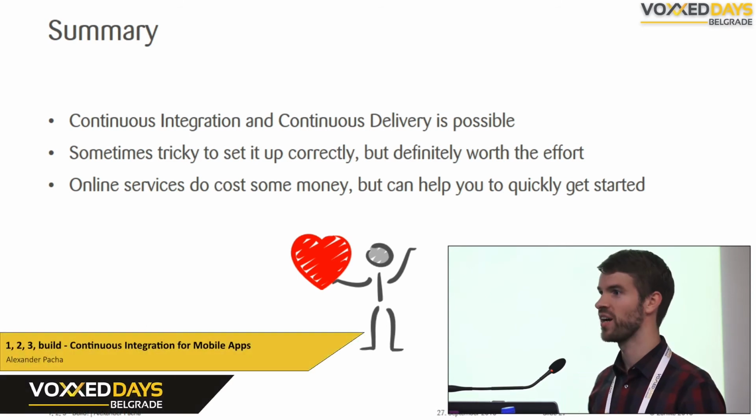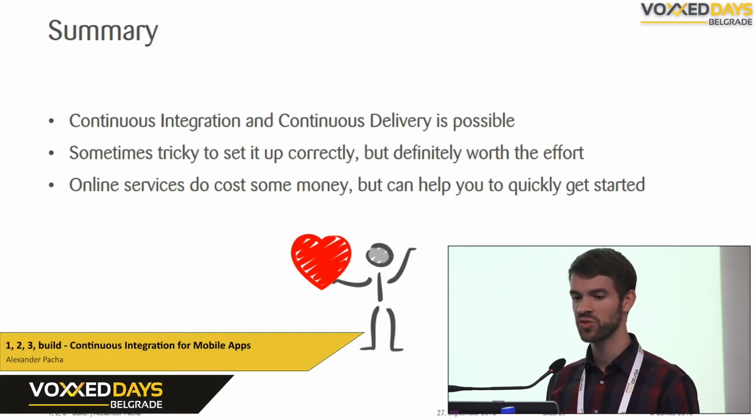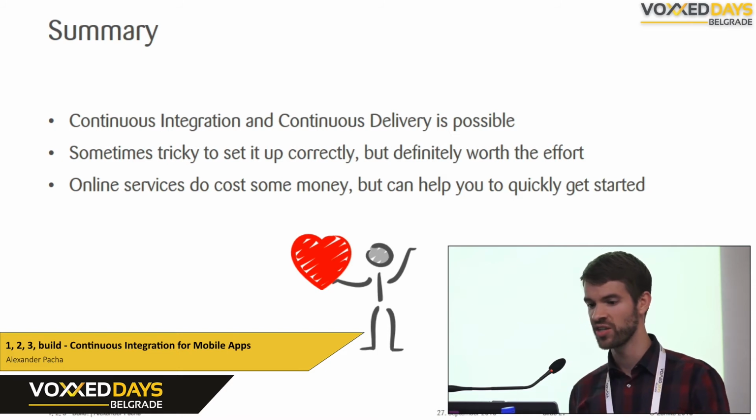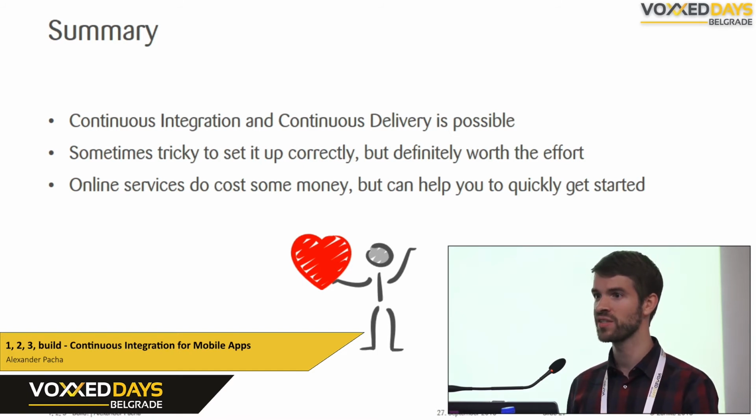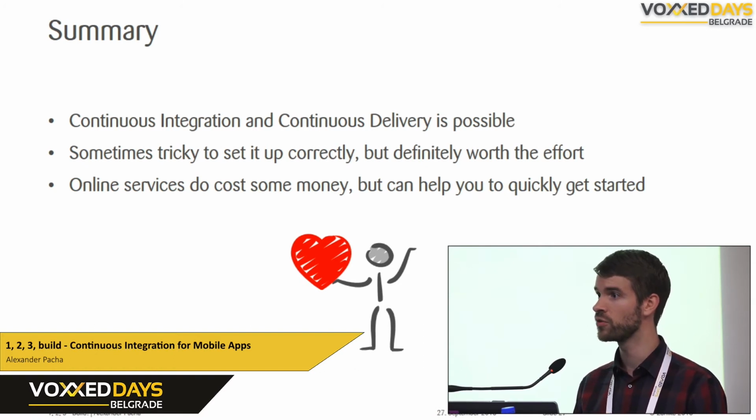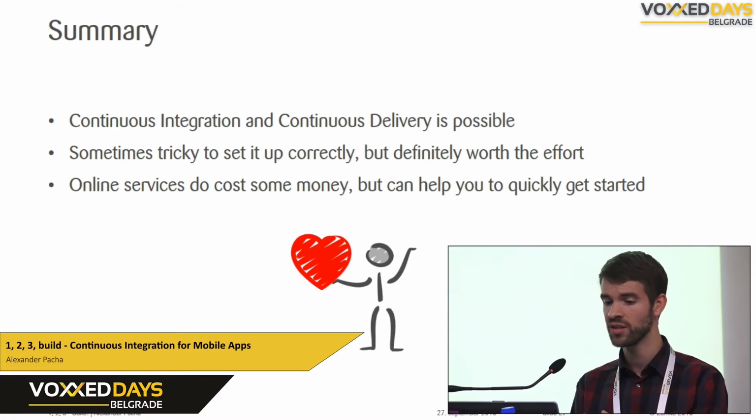So, to summarize what you've seen, and hopefully I've showed you today, is that continuous integration and continuous delivery is possible for mobile applications exactly the same way as it's possible for desktop applications or web applications. I guess web applications is a common thing to continuously deliver and release, because you've got everything under control.